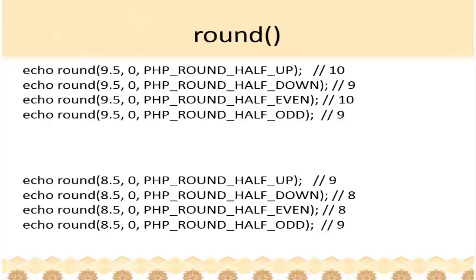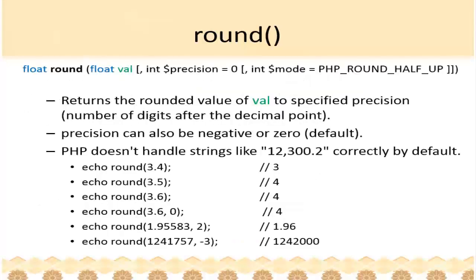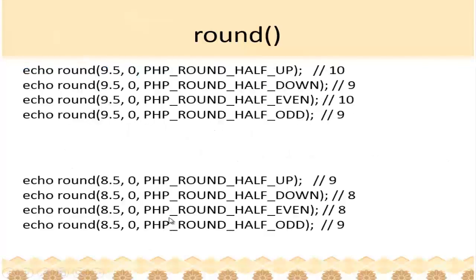There are constants that you can apply instead of just typing -2, 1, 3, 2, and 0 of this type. So instead of doing this, PHP provides you with constants. Some of the constants which are useful to us is round half up. That means it's the usual thing. After half, that is 0.5, round it up.